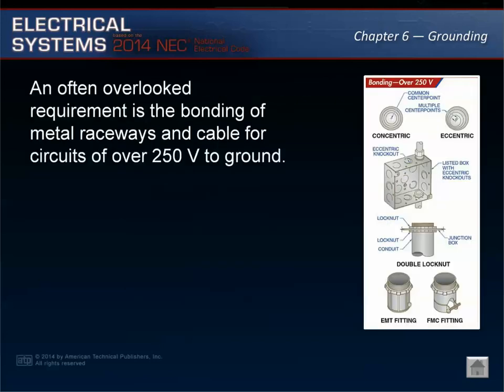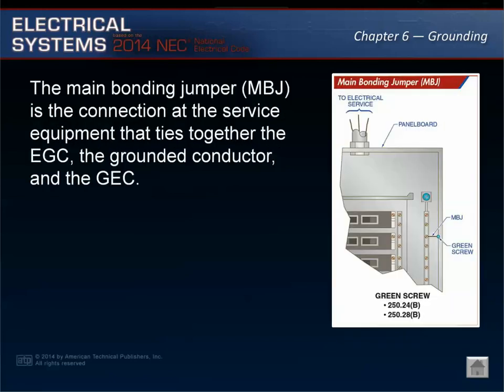Often overlooked are the requirements for bonding of metal raceway and cable for circuits over 250 volts to ground. This section requires that electrical continuity be ensured by either threaded connections, threadless connections, bonding jumpers, or other devices. When the main bonding jumper is a screw only, it shall be colored green.